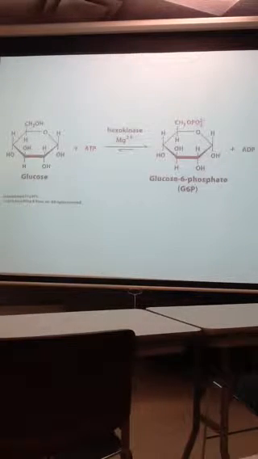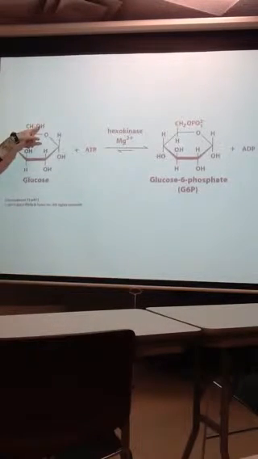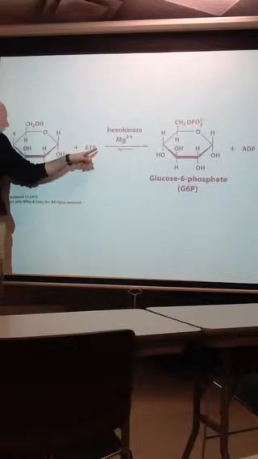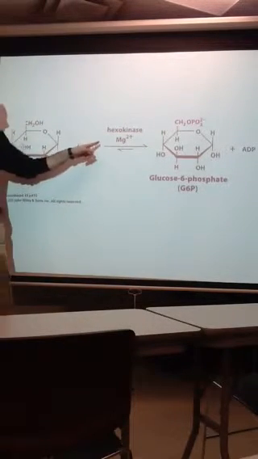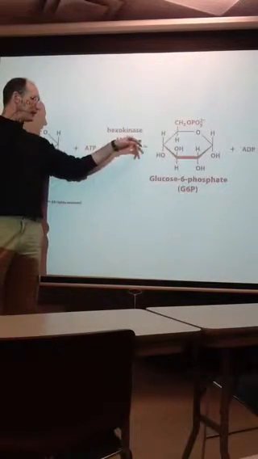Okay. So, here's the reaction we've been talking about, right? Talking about hexokinase. So here is our glucose, right? Position 6, this hydroxyl out here off the ring. This is acting as the nucleophile. ATP is the electrophile. Hexokinase is the catalyst.